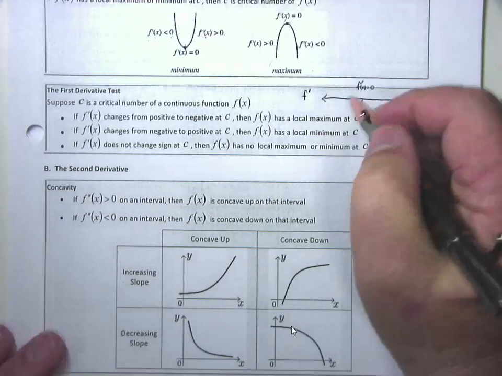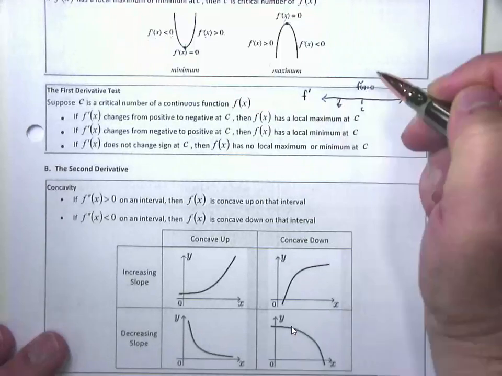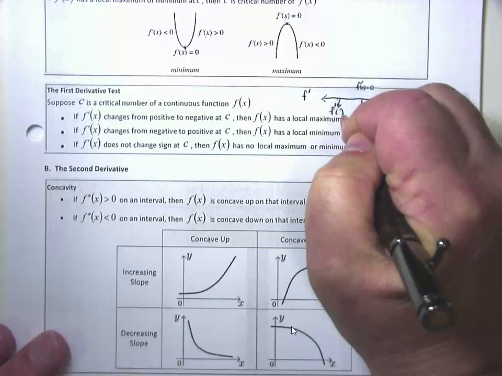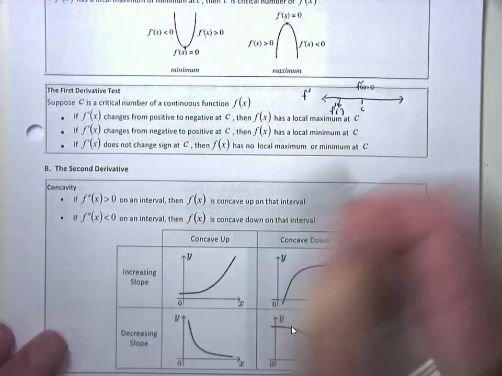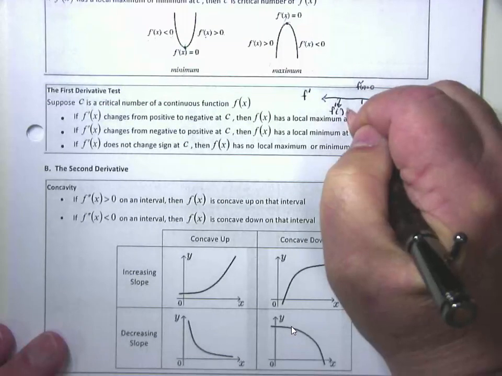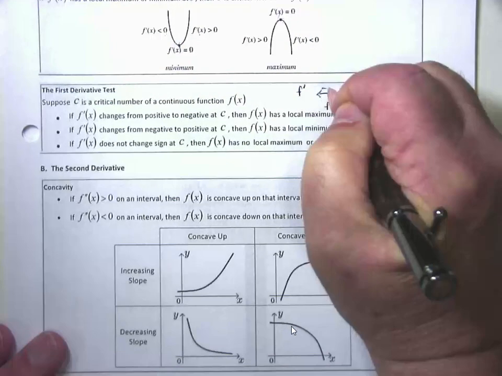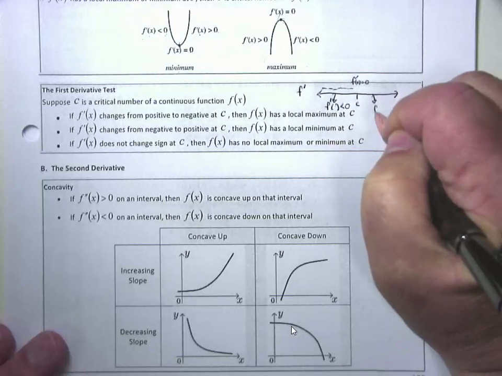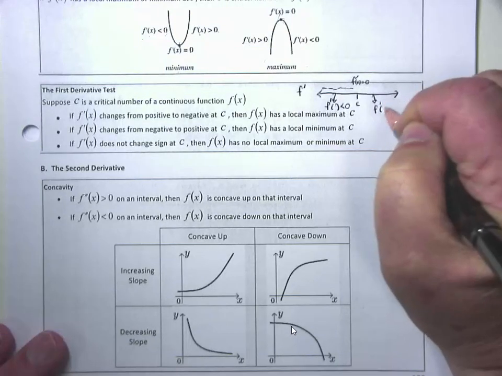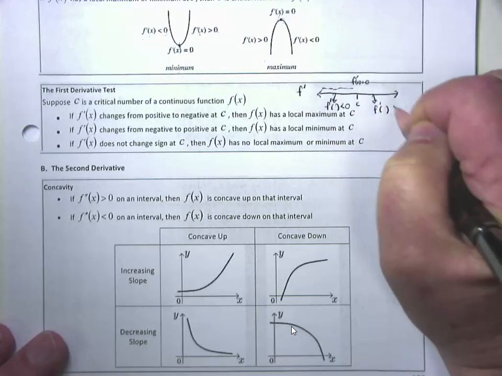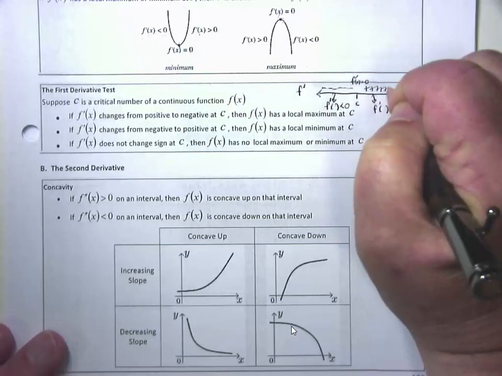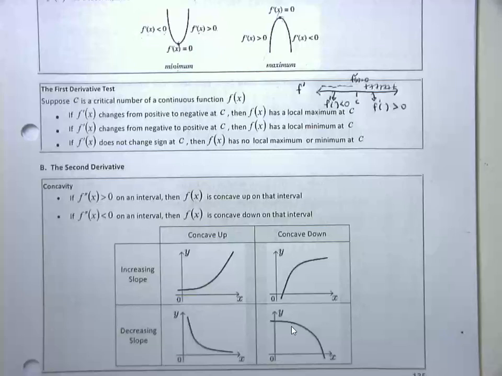Pick a number less than c and plug this number into your first derivative. And let's say it's going to be negative, we're going to put little minuses up here because it's negative. And then you pick a number bigger than c and you plug it into your derivative. And let's say it becomes positive, greater than 0. What kind of critical point does that make c?